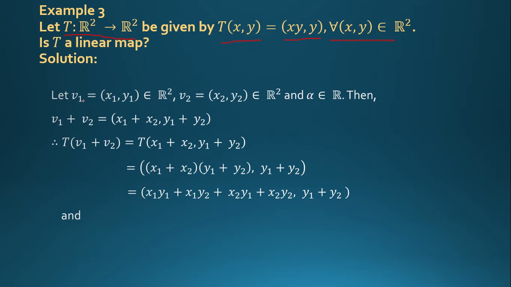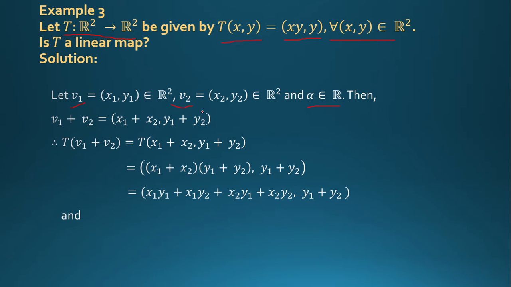Solution: let v1 and v2 and alpha belongs to R, then v1 is equal to (x1, y1) and v2 is equal to (x2, y2).